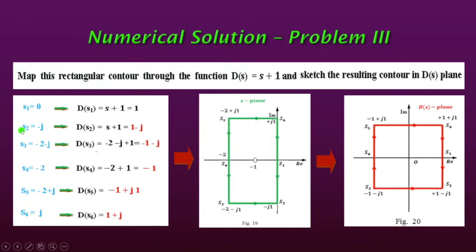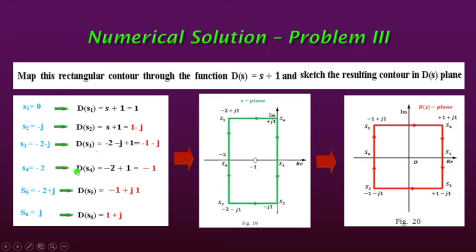Then S2 equal to minus j1. Then S2 in the S plane. This is 1 minus j. This point is S2 because this is positive 1 and this is negative j.